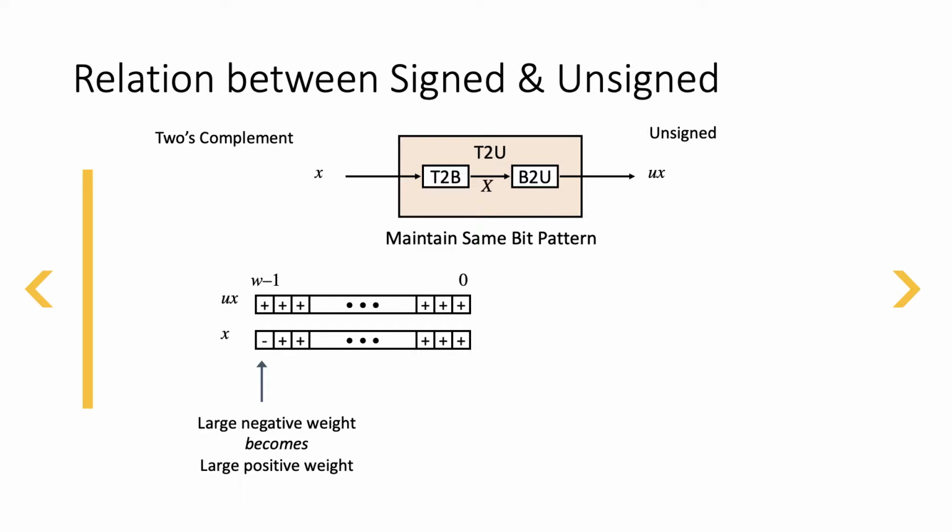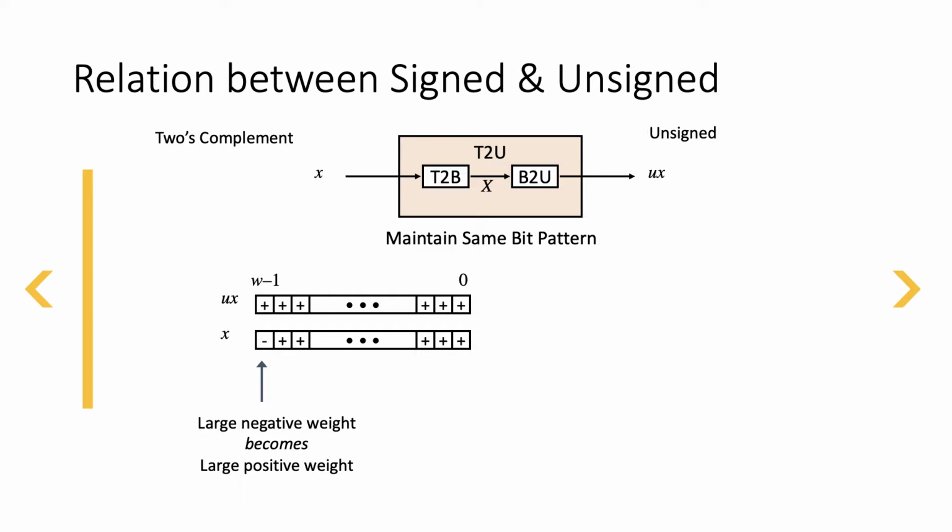We go from 0 to w-1 with unsigned, and we just add up the weights of the bits that have a 1 in them. With signed, with 2's complement, we do the same thing, but remember in the 2's complement function, we actually had the w-1 bit broken out and it had a negative weight.